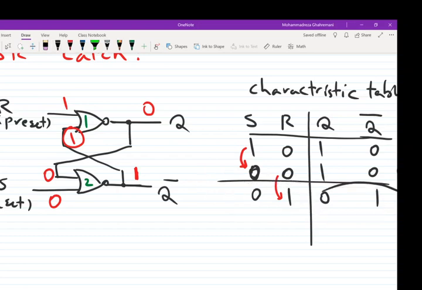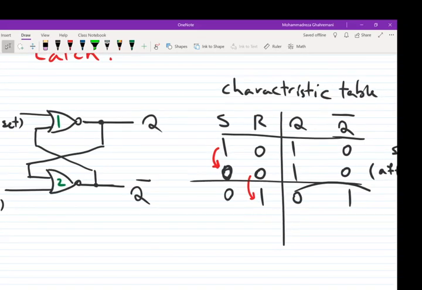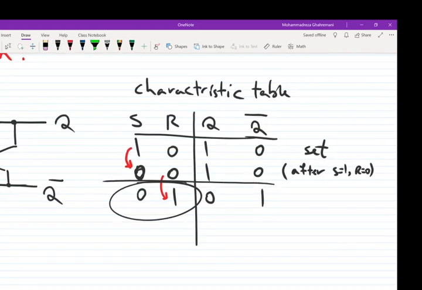You can set different values for the inputs and see, no matter what the input in the previous stage was, by changing the inputs to 0, 1, the output changes to 0 and 1 as well. So here we are in a state reset or preset.